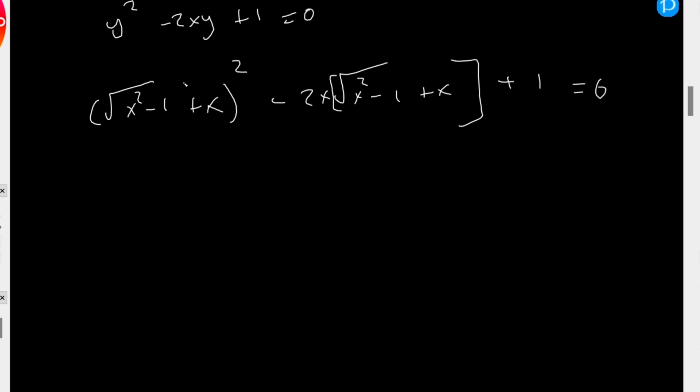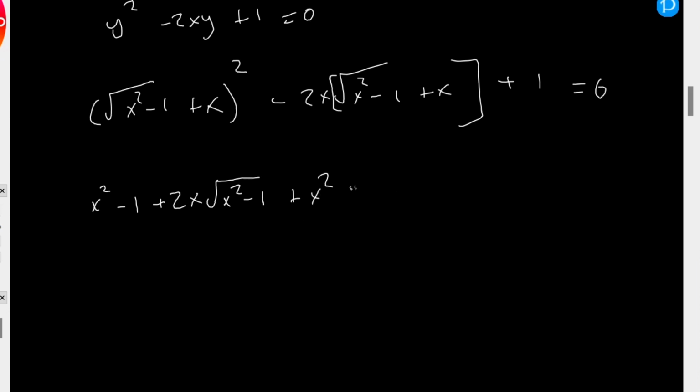We expand this out, and what you get is x squared minus 1, plus 2x square root of x squared minus 1, plus x squared.